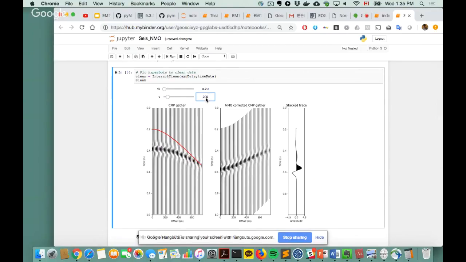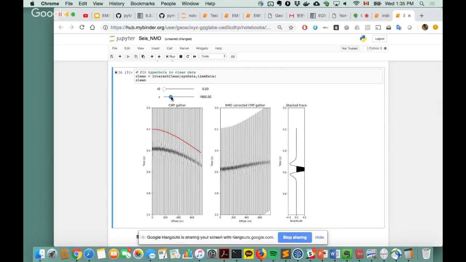Let's say 2,000. Yeah, so as I change the velocity, this event is changing. So we're correcting the NMO. We want to make it straight, but we need to estimate the velocity and the intercept time. That's a function of the intercept time and the velocity.